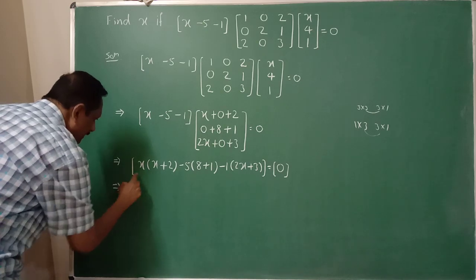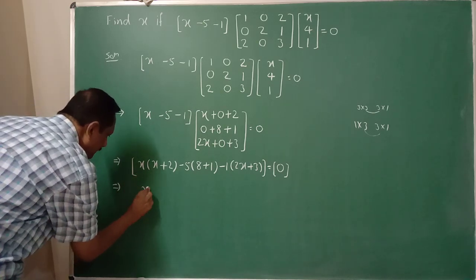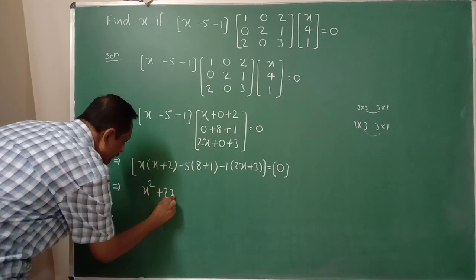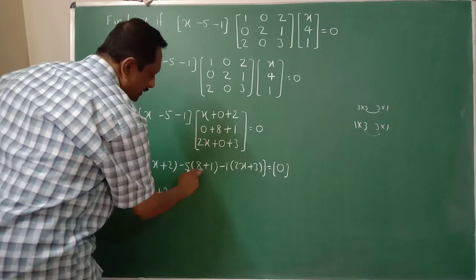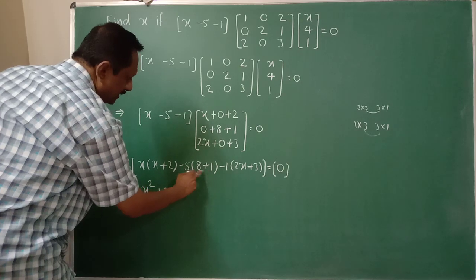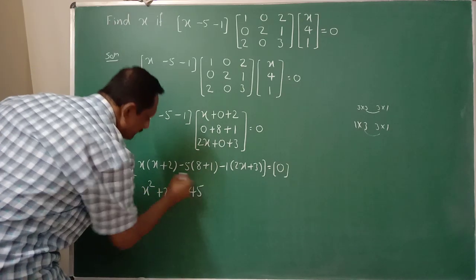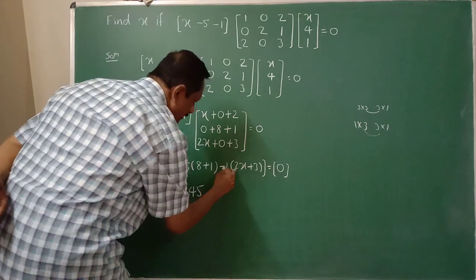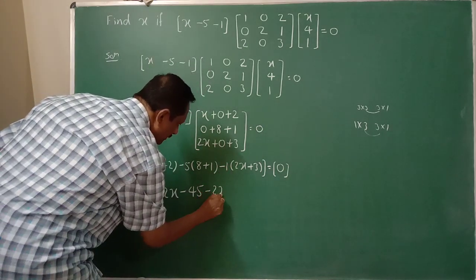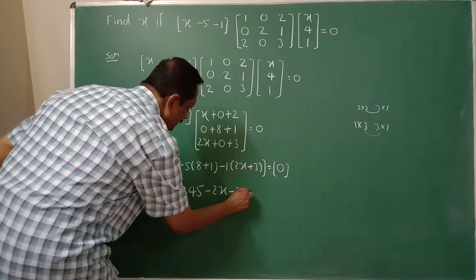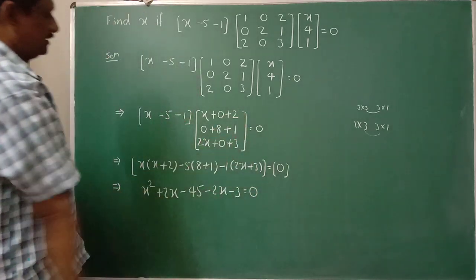Therefore x into x becomes x square, x into 2 becomes 2x. Then 8 plus 1 is 9, 9 5s are 45, minus 45. Then minus 1 into 2x, minus 2x, minus 1 into 3, minus 3 is equal to 0.